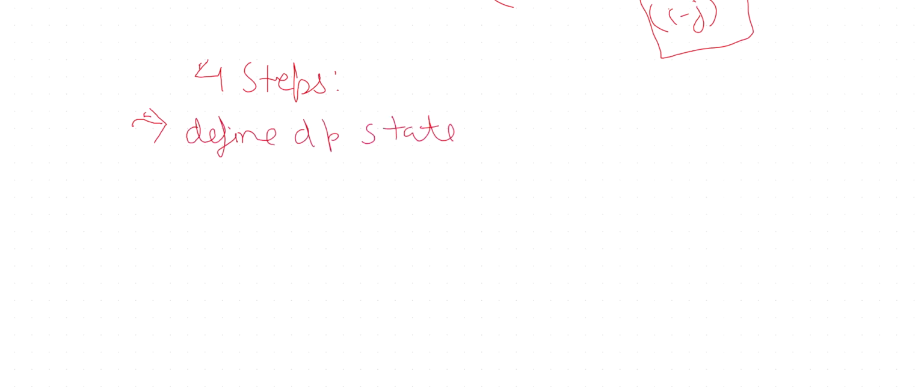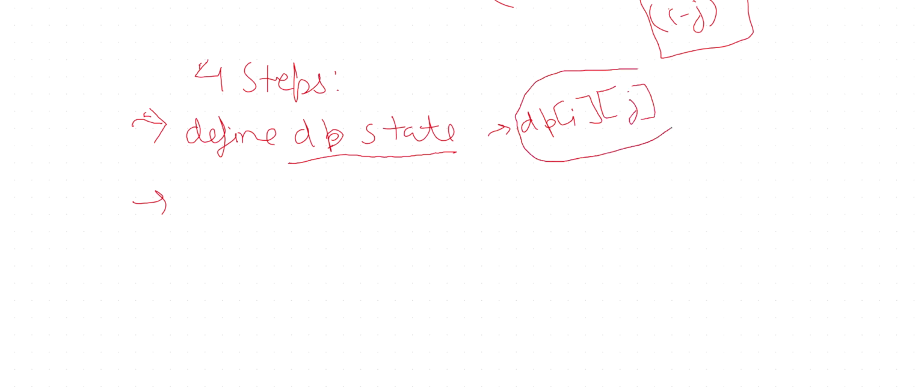Before going to the second step, I will explain what this means. DP state. So when you say DP of I, you should know what DP of I means. You cannot just say, yeah, DP of I. It's pointless. When I say DP of ij, you should know what DP of ij represents. So that's the meaning of DP state.